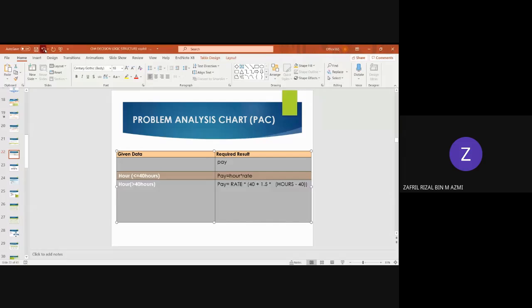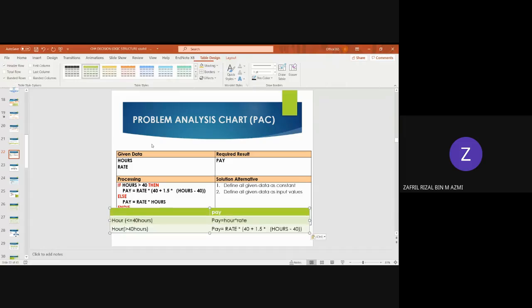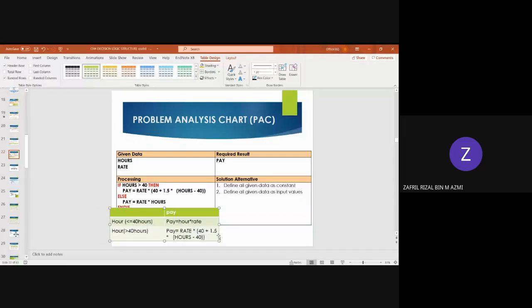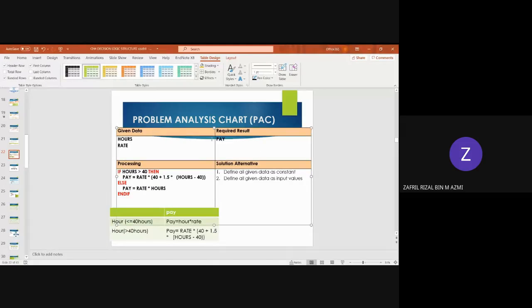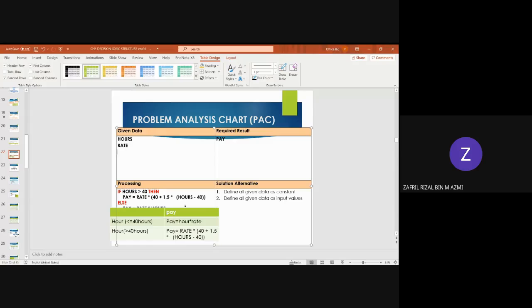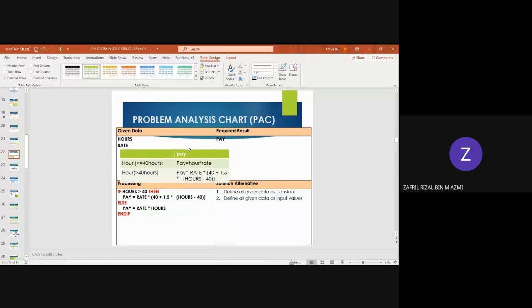Something like this. You put it here in the given data. Just put the raw table.